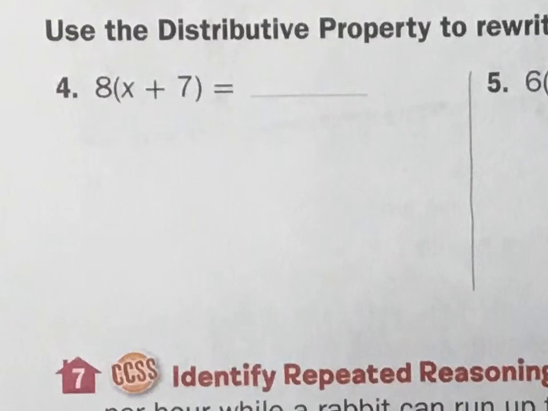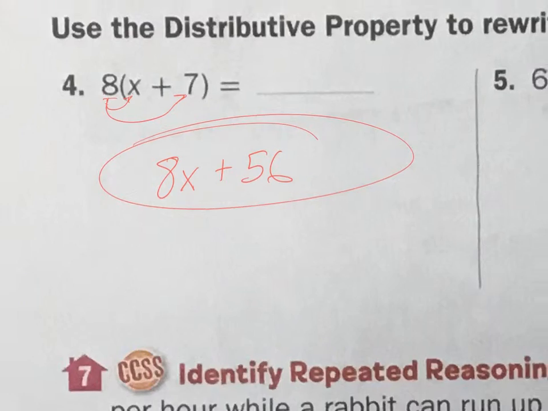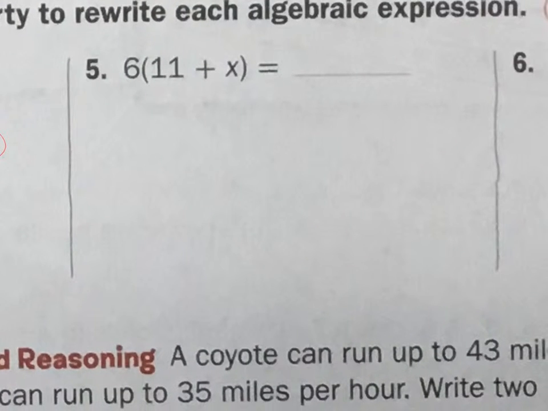Okay, we're going to use the distributive property to rewrite these. We're going to take this 8, multiply it to x, and multiply it to 7. So 8 times x is 8x, plus 8 times 7 is 56. I just rewrote it. Okay, this one, 6 times 11 and 6 times x. 6 times 11 is 66, plus 6 times x is 6x.